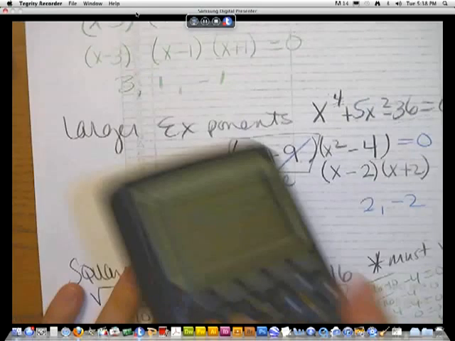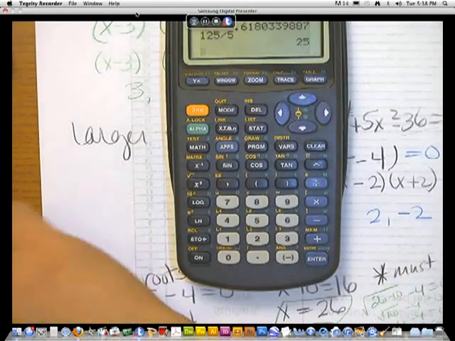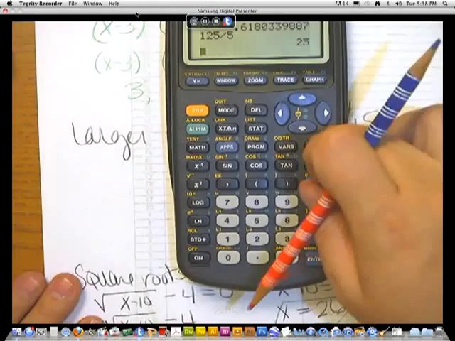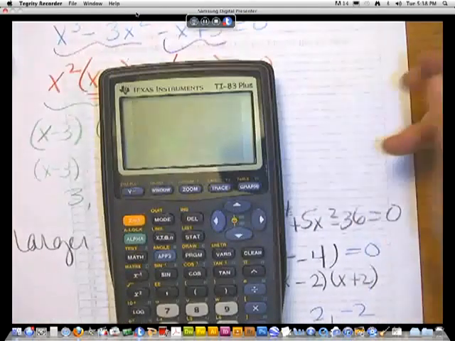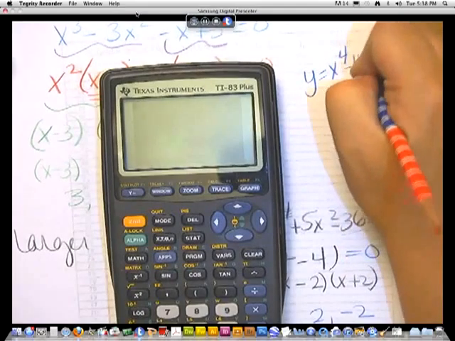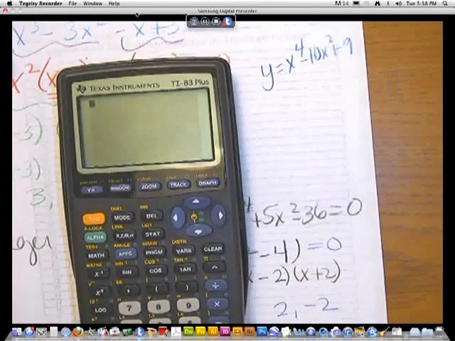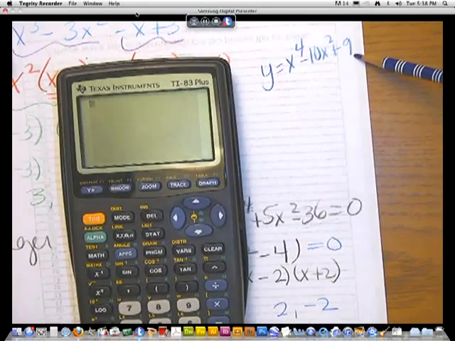All right, so here we have, pull out our calculator. Let me give you a solution here, or let's go y equals x to the 4th minus 10x squared plus 9. All right, I could factor this.